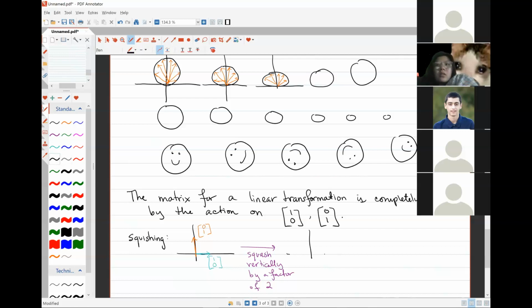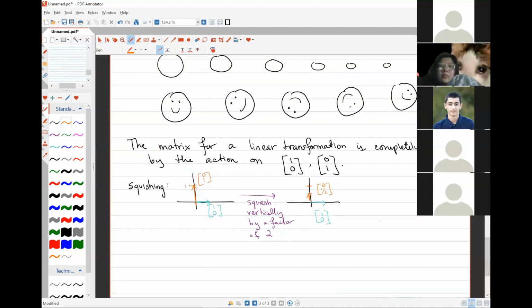Well, if we're really just squashing vertically, then nothing at all is going to happen to that blue vector, right? That's still going to look like (1, 0). But the orange vector is going to change. Instead of going all the way up to 1, it's only going to go up to a half. We're squashing it down by a factor of 2. So that orange one gets turned into (0, 1/2).